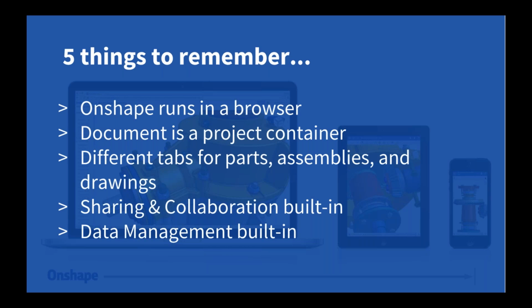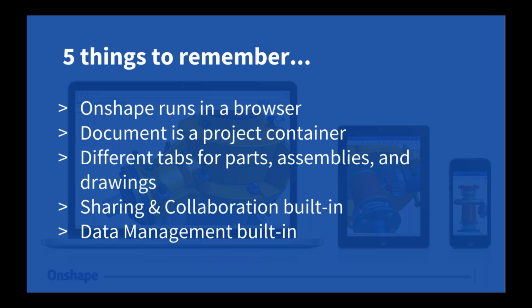The second thing to keep in mind, and it's one of the more confusing things new users stumble on, is the idea of a document. In Onshape, a single document is like a project container. You can think of it as that top-level folder you may have used in the past, where inside of that folder you may have all kinds of sub-assemblies and all kinds of parts and drawings. Think of a document that way. A single document can have dozens of sub-assemblies and assemblies and parts and drawings, really anything that you want.